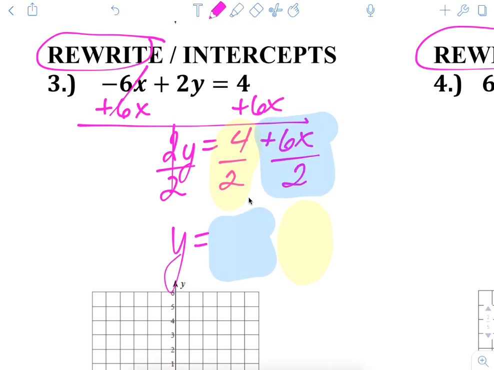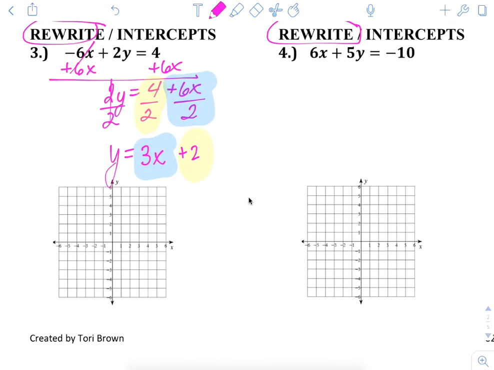That means 6 divided by 2 is 3. That's our mx. 4 divided by 2 is a positive 2. That's our b. So I'm going to begin at 2, and I'm going to move 3 over 1. Begin at 2, rise 3, run 1, all the way across my graph. This is your graph for number 3.